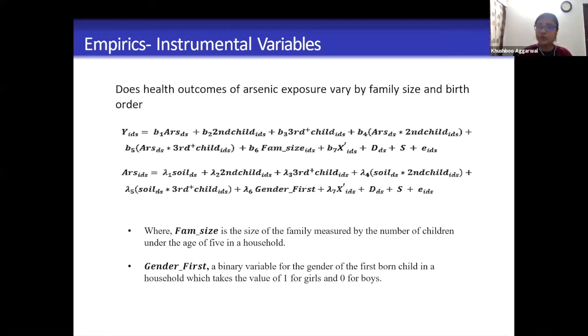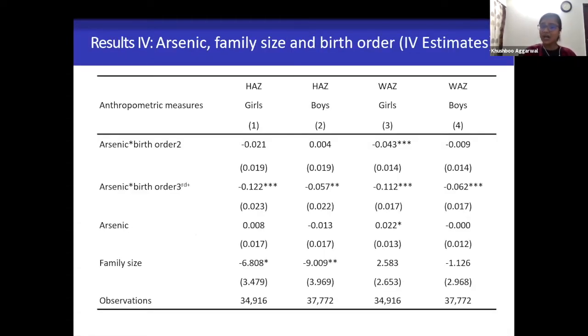So, to control for the endogeneity issue related to family size, we try and instrument family size by the variable gender of the first child, where the gender of the first child is a binary variable which takes value 1 when the firstborn child is a female and takes value 0 when the firstborn child is a male.